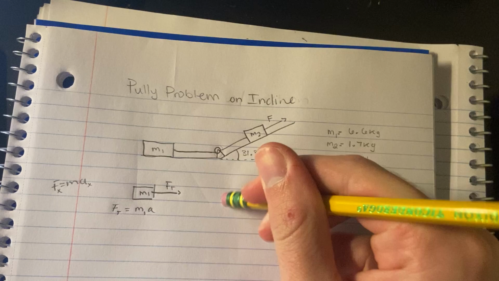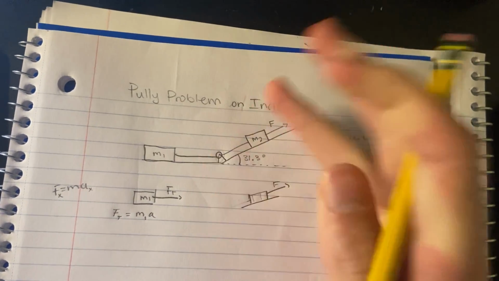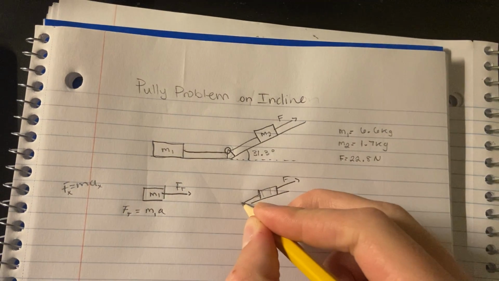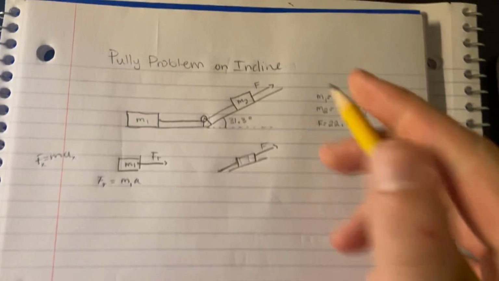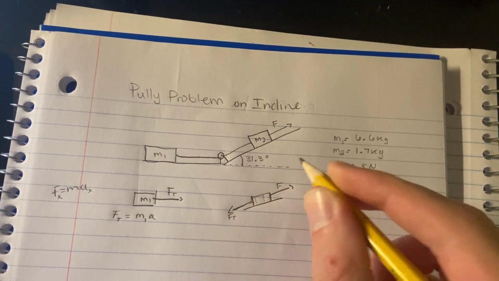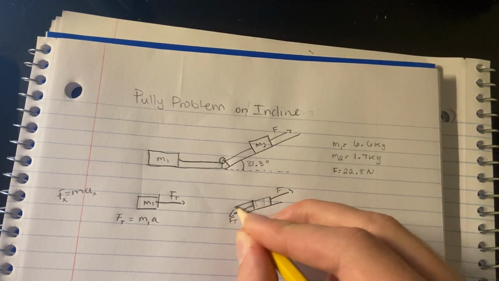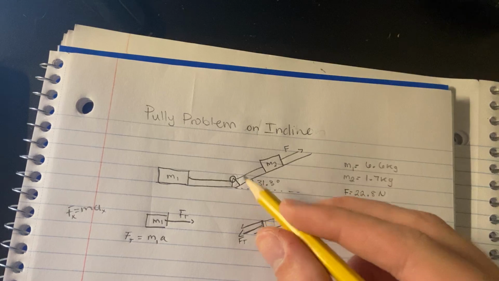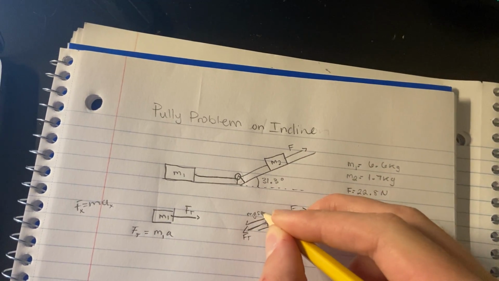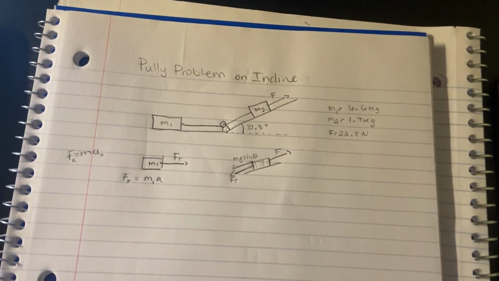The surface is frictionless. We're going to have Ft right here going in this direction, and we're also going to have gravity in the x direction, which is going to be mg sine theta.